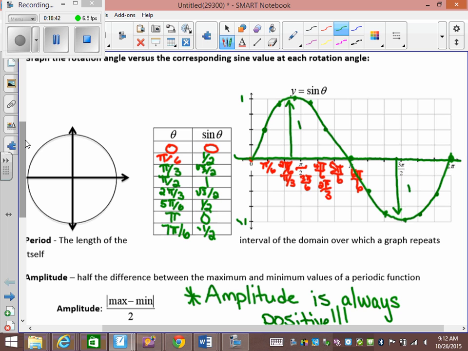So you're not going to write 0, negative pi, negative 2 pi, dot, dot, dot, pi, 2 pi, dot, dot, dot. Although that would get the point across, that's not how we write it.